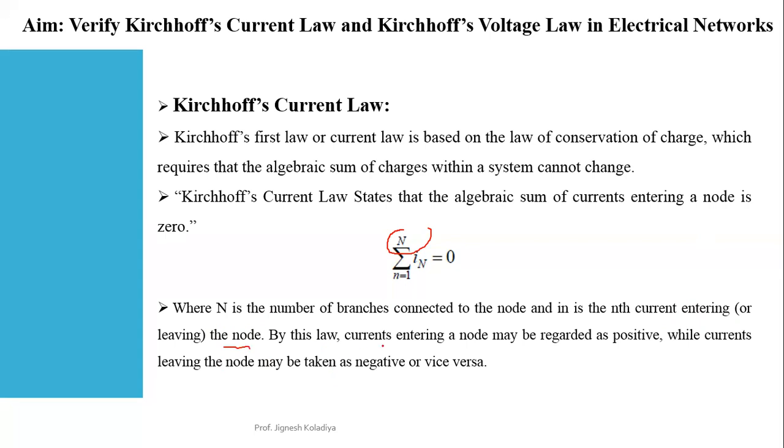By this law, current entering the node may be regarded as positive, while currents leaving the node are taken as negative, or vice versa. It totally depends on you whether you take the entering current as negative or positive, right?